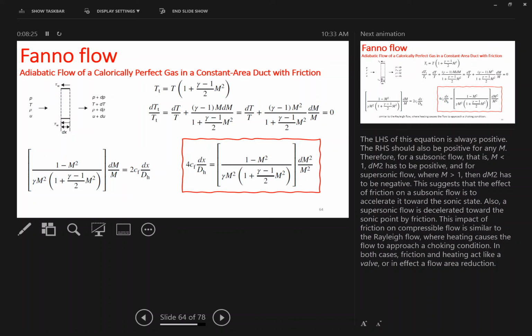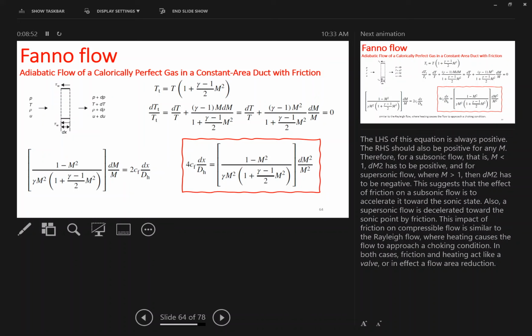We could have done the same for the Rayleigh flow, but did we check the choking in the Rayleigh flow mathematically or not? I don't recall. I don't think we did. But it is essentially the same thing. We had an equation that related the heat flux to the Mach number and the changes in Mach number. One side of the equation was always positive, and you should have made the same conclusion for the other side.